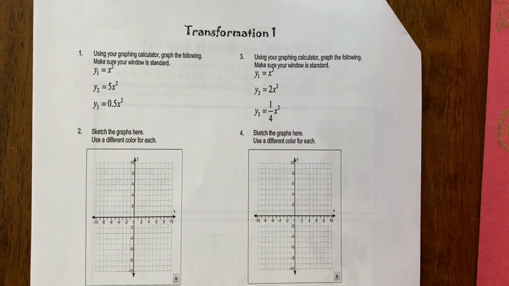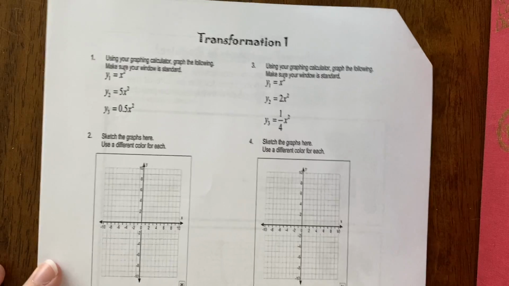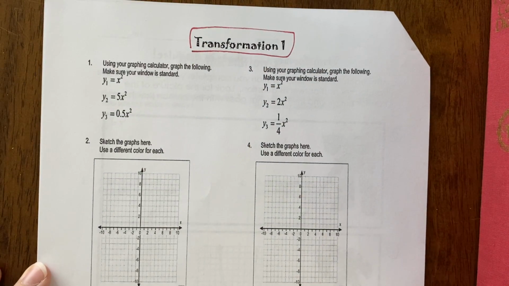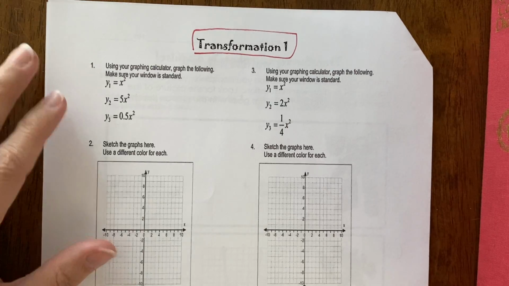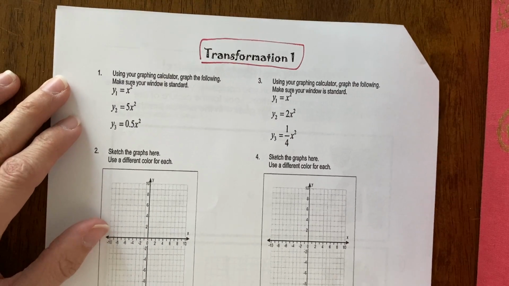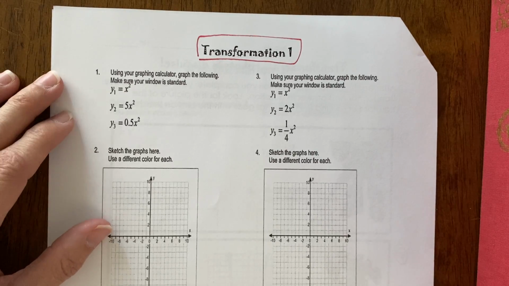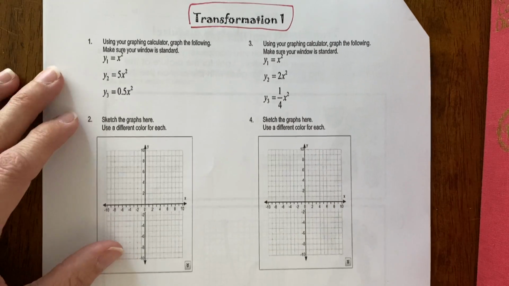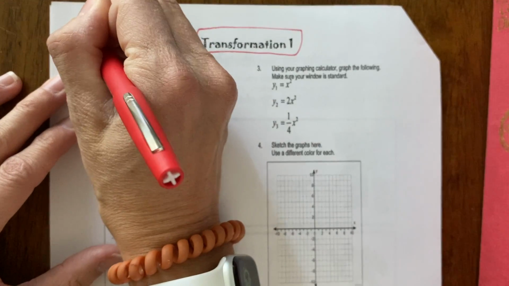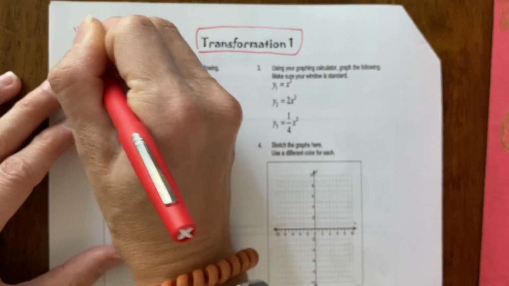Okay. The last thing that we're talking about this week is transformations of quadratic functions. Now, when we did this in class, we looked at a few different ones in terms of what happens when you add or subtract a number. But for this, we're just going to look at what's called a-value transformations.